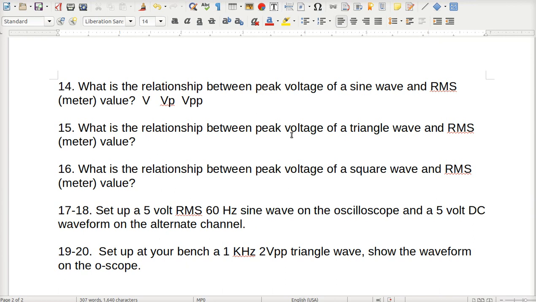So what's the relationship between the peak voltage of a sine wave and the RMS value? So my peak times 0.71, and I like to use 0.71 because it's easy to remember. You can do the square root of 2 over 2.